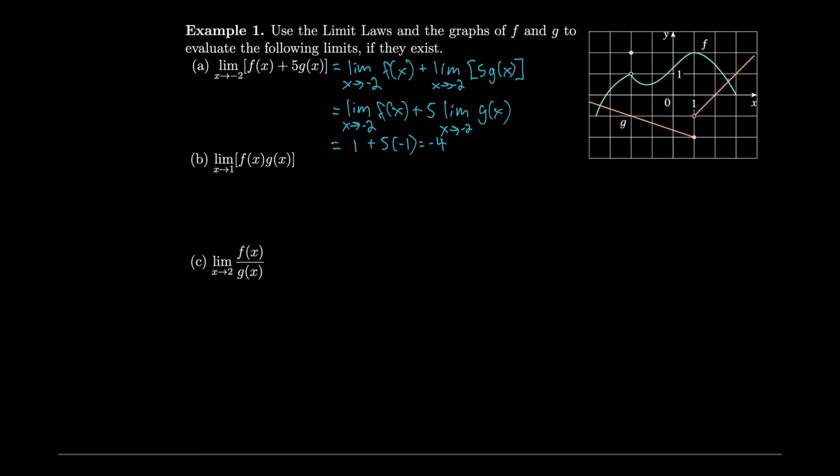So instead, let's look at the left-handed limit, the limit as x approaches 1 from the left. That we can split, because it looks like the left-handed limits do exist.